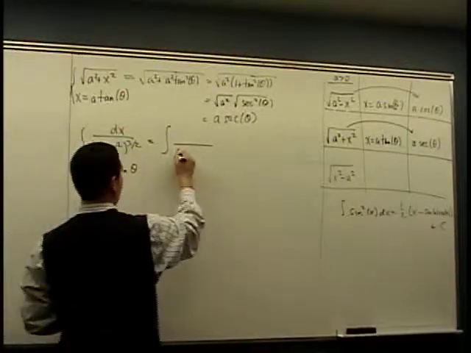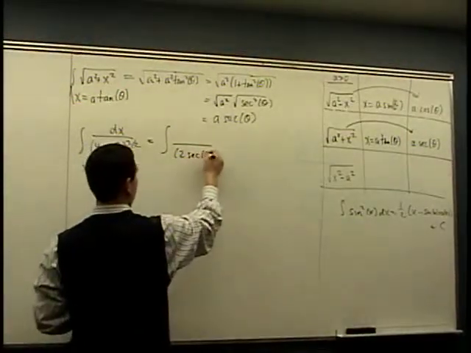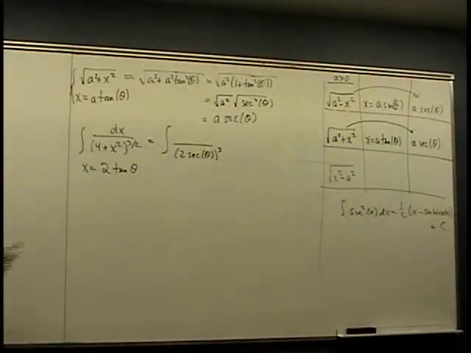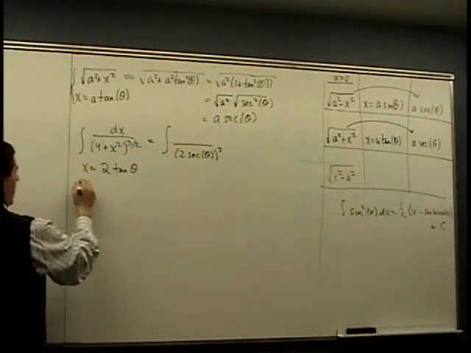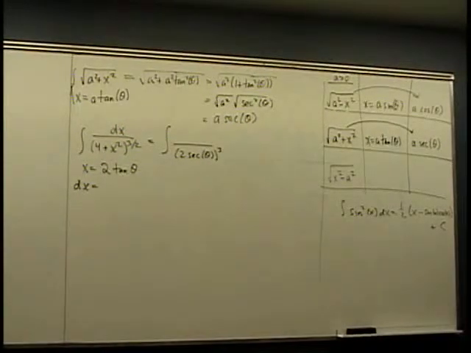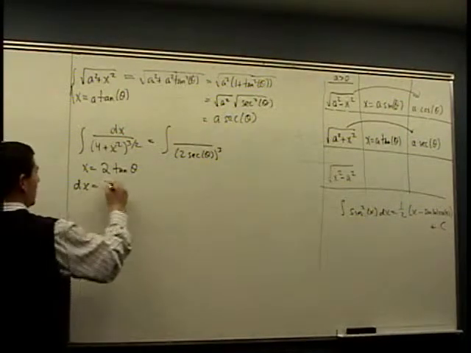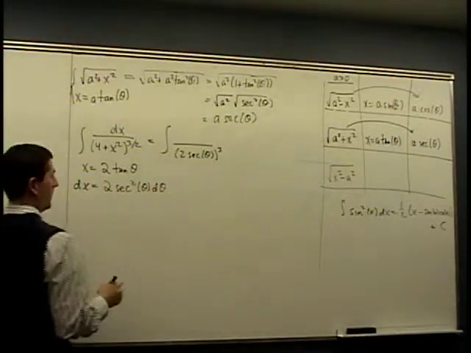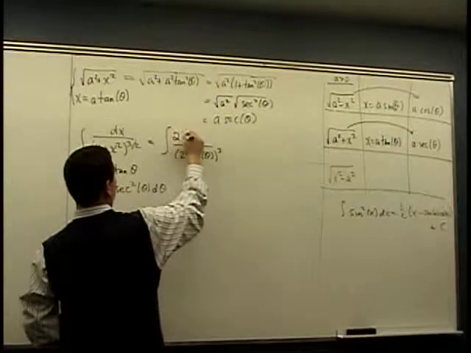So I'll just throw that in at the end. Then I got to worry about my dx. Fine. What's dx if x is 2 tangent of theta? Yes, 2 secant squared theta d theta. So I have to toss that up top.